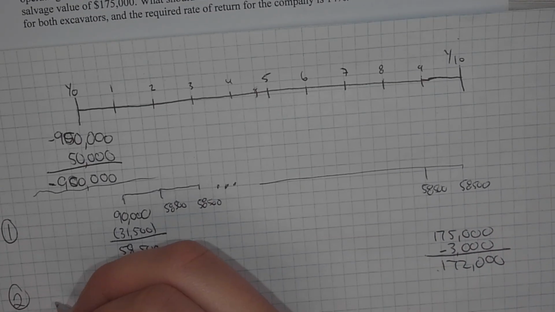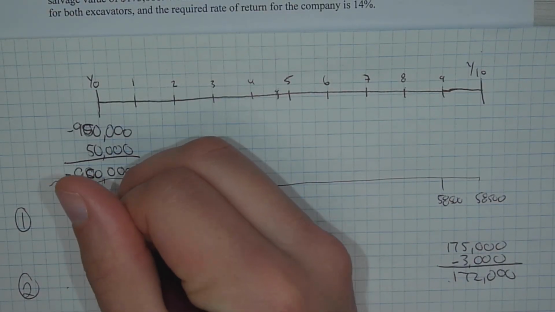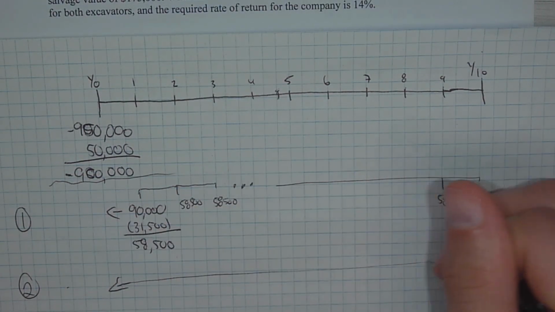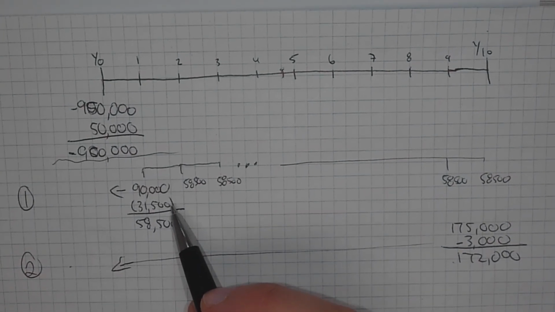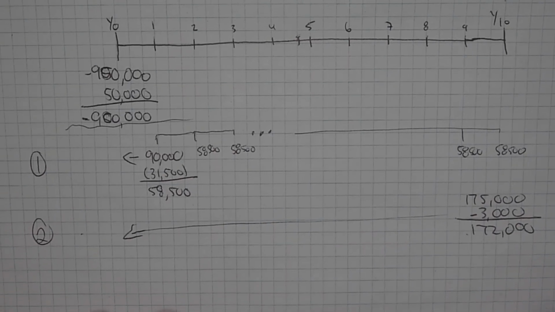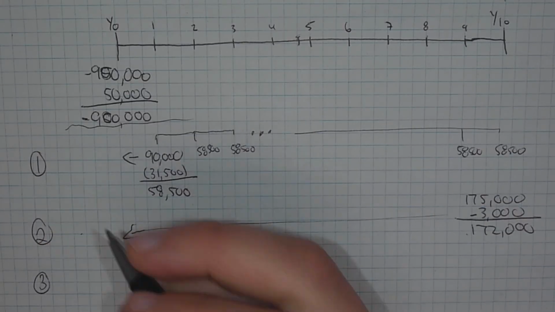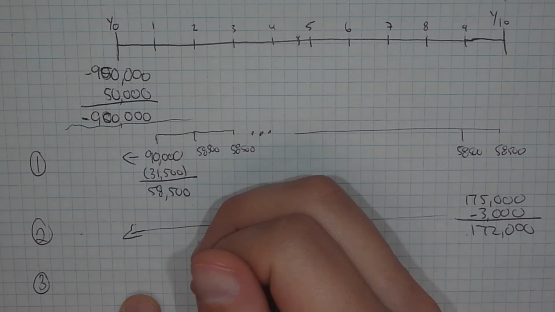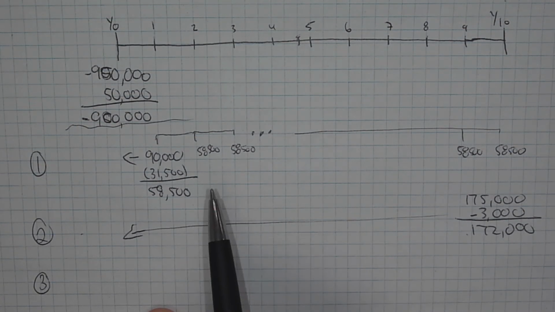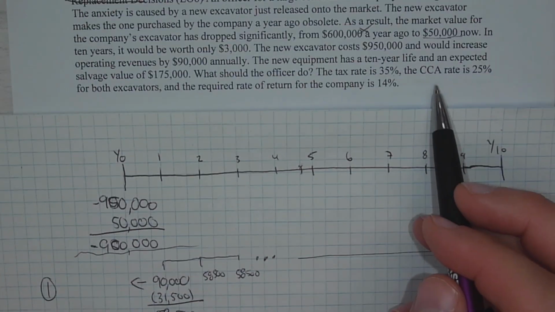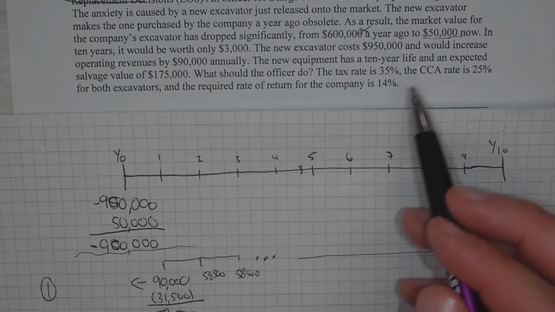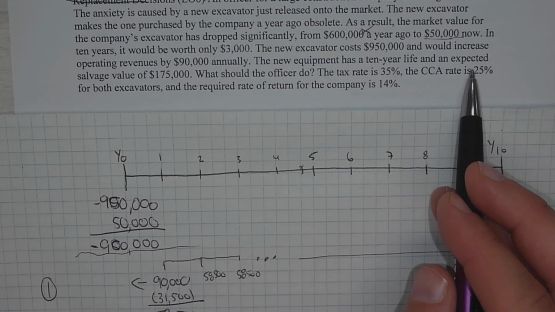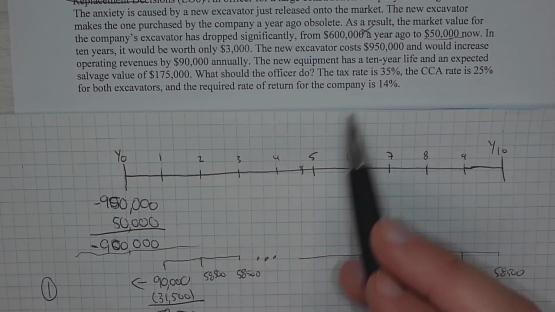Now we're going to have to bring that, just like we have to bring this annuity to today, we have to bring this residual. Now we've got all of the tax included here, but we can actually have a CCA tax shield. So we need the present value of all of the tax savings. The tax savings being when we reduce our bill by 25% of the 950,000, it's going to reduce our tax because we'll get 35% of it back each year.